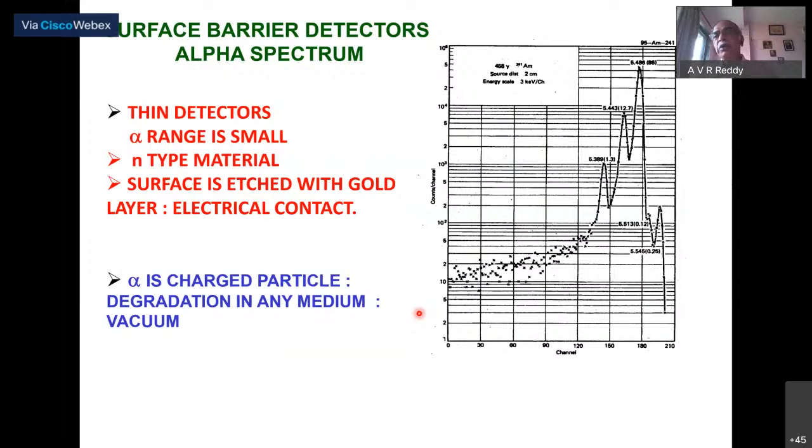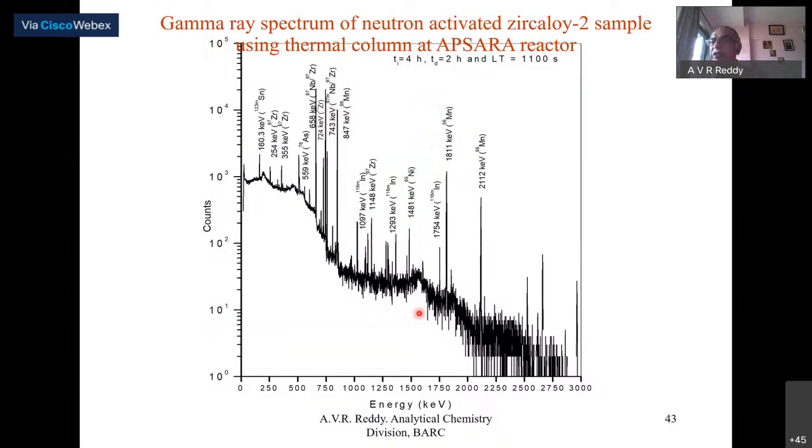Now, this is a gamma ray spectrum of one activated Jerkli sample that we have done in our own laboratory. Here you see most of the gamma rays appear as lines, but yet they have a small distribution. That's the natural distribution. But the beauty of gamma ray spectrometry is that in one go you can determine many isotopes.